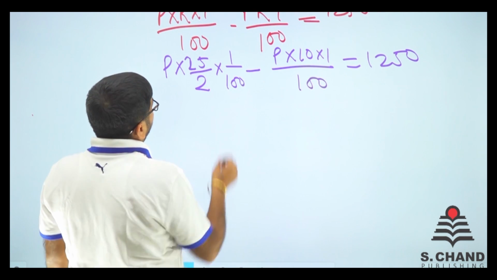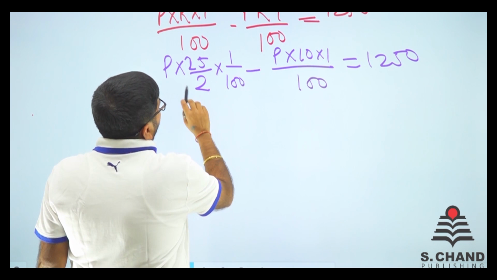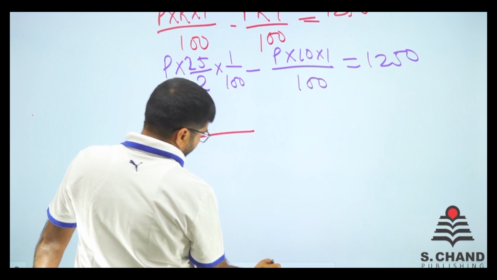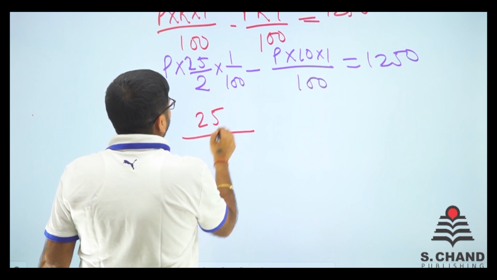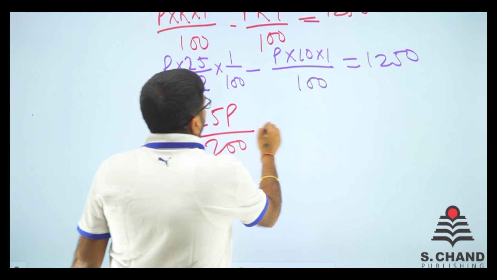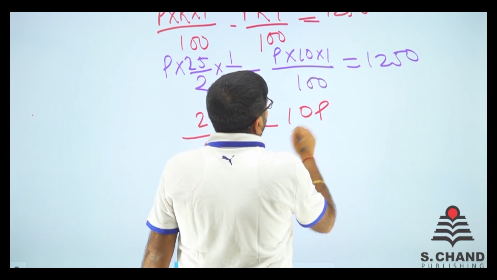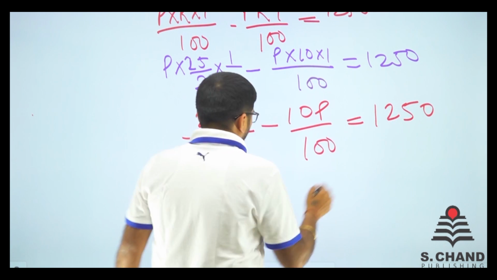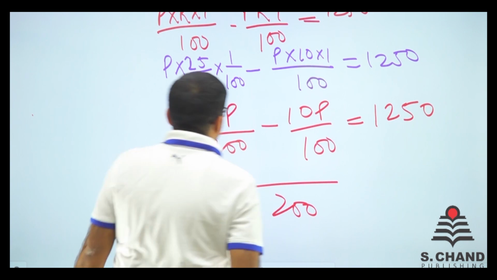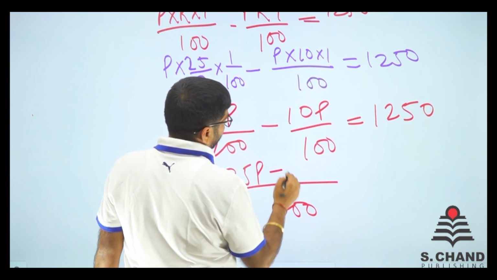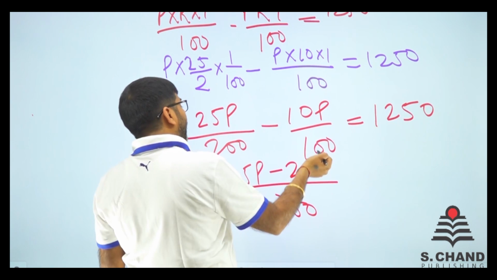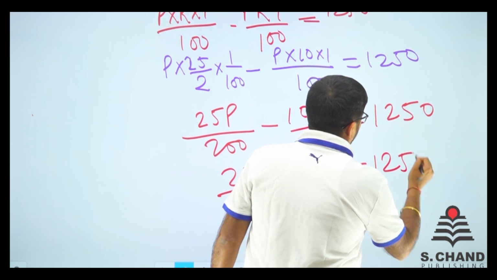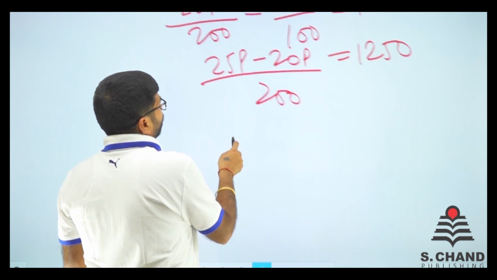So we have 25p by 200 minus 10p by 100 is equal to 1250. Writing 200 over here, we get 25p minus 20p, because 200 divided by 100 is 2 and 2 multiplied by 10 is 20, equal to 1250.